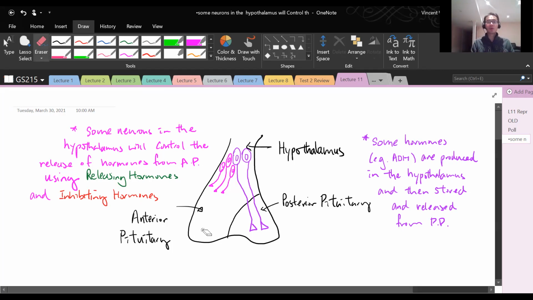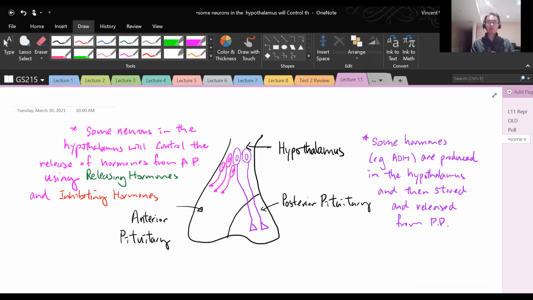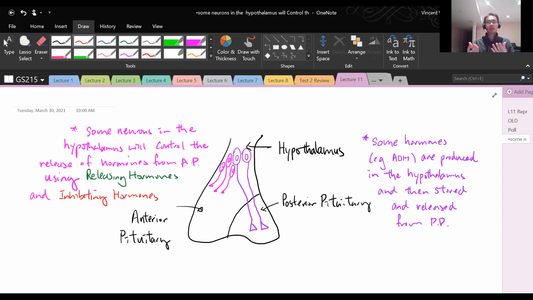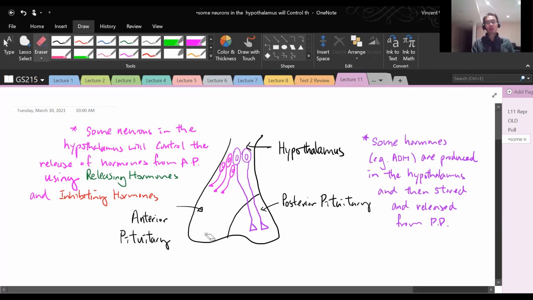Each of the hormones that is produced in the anterior pituitary gland, and there are many, we're going to learn 6 of them, will have its designated releasing hormone as well as inhibiting hormone. So it's the balance between the level of releasing and inhibiting hormone that dictates how much, if at all, hormone is released from the anterior pituitary gland.